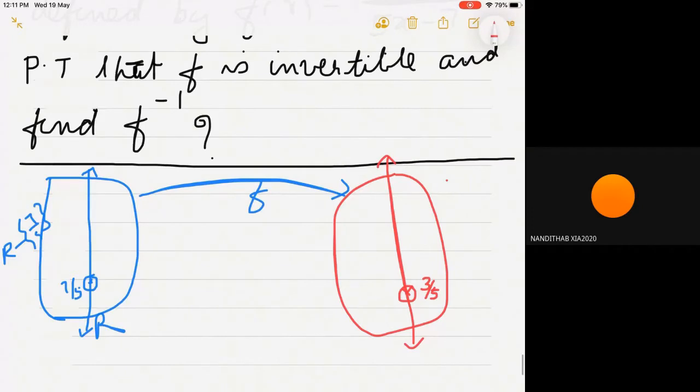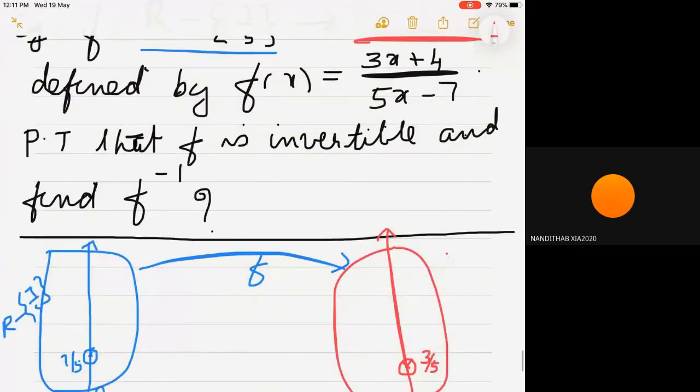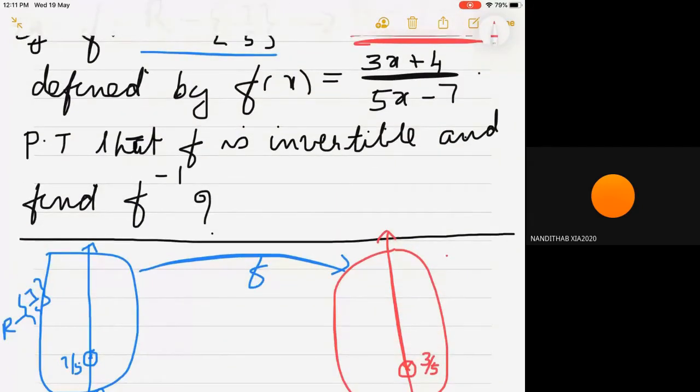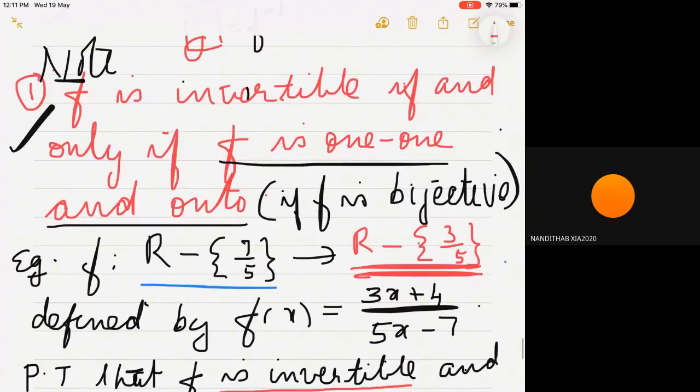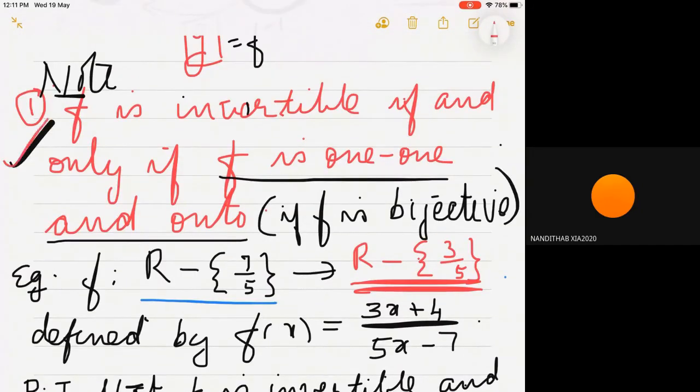Now this question has two parts. The first part is that f is invertible; you have to prove that f is invertible. The second part is find f inverse. Logically, to prove that f is invertible, it is enough to use this theorem: f is invertible if and only if f is 1-1 and onto.